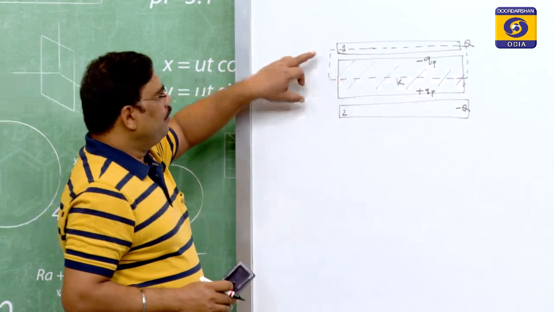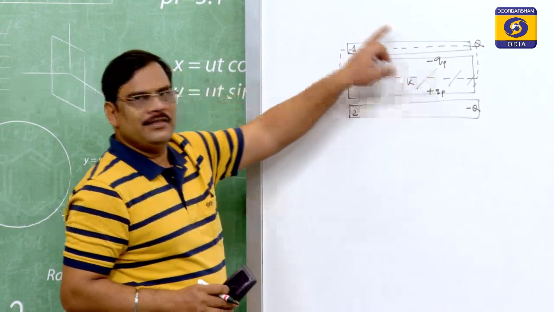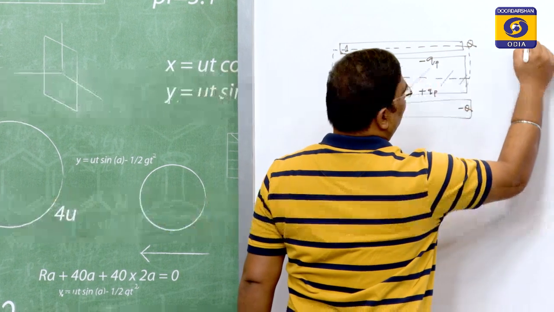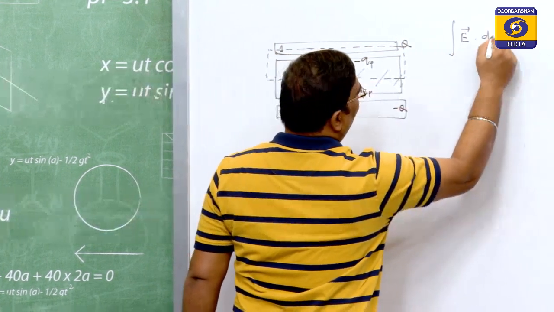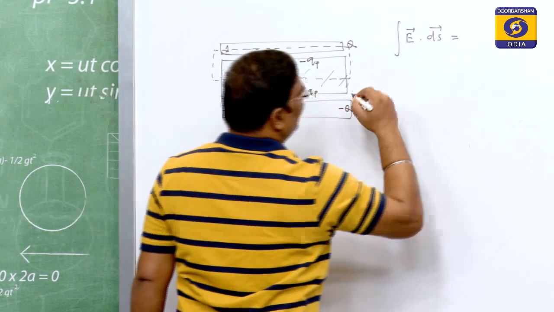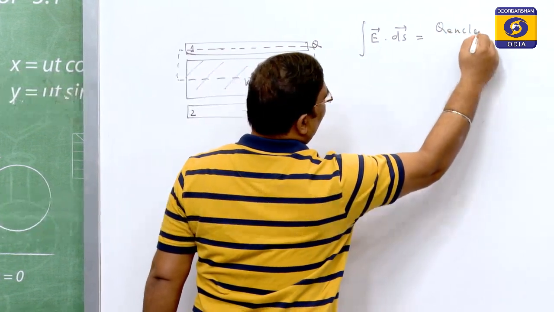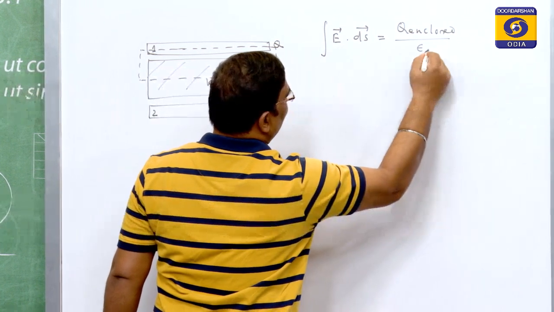So, applying Gauss law in the selected region, I get integration E dot ds is equal to Q enclosed divided by epsilon 0.